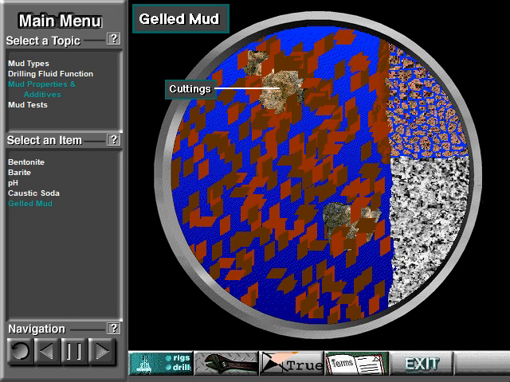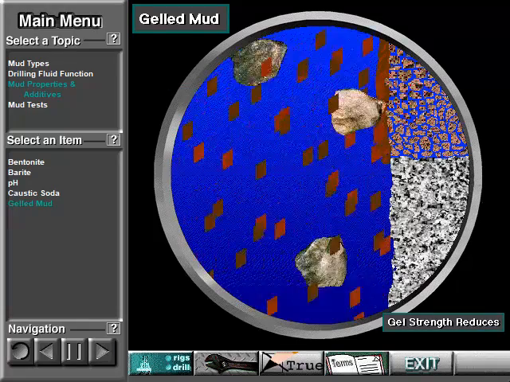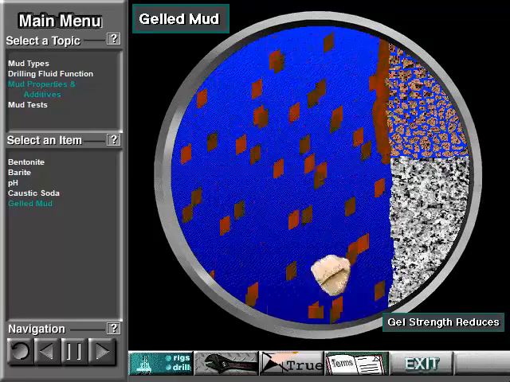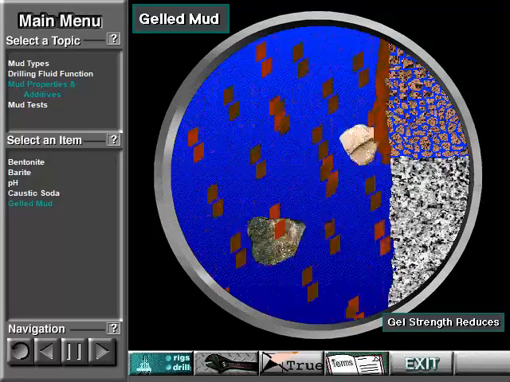Gelled mud suspends the cuttings. Gelling keeps the cuttings from falling downhole and piling up around the bit. The ability of a gel to keep the cuttings suspended is measured by its gel strength. When the driller starts the pump and resumes mud circulation, the mud's gel strength reduces, which allows the drilling fluid to flow easier.